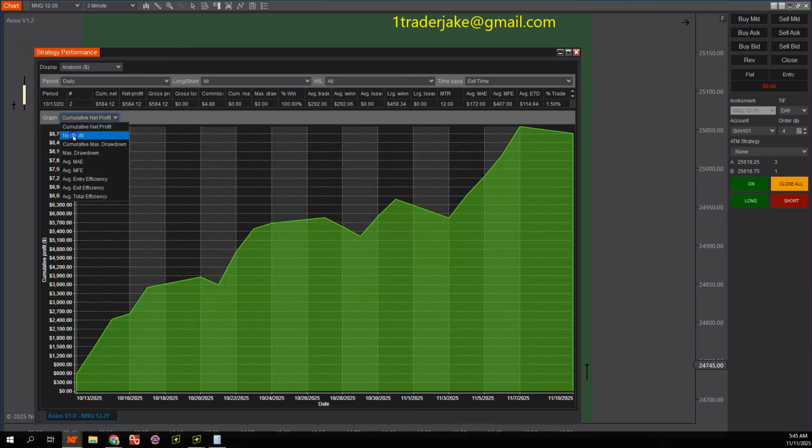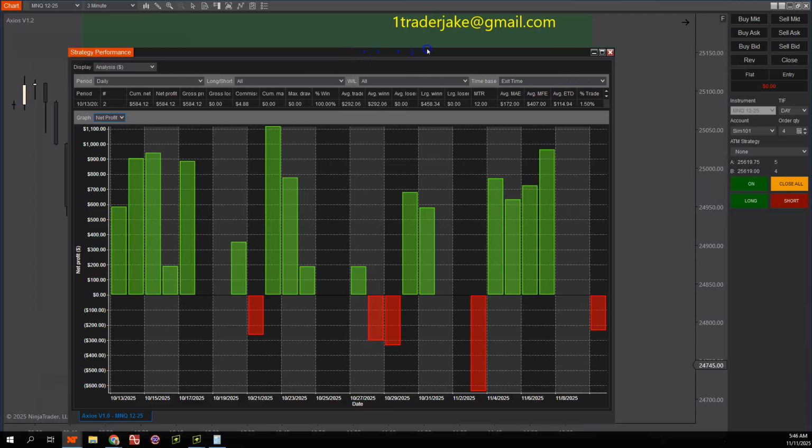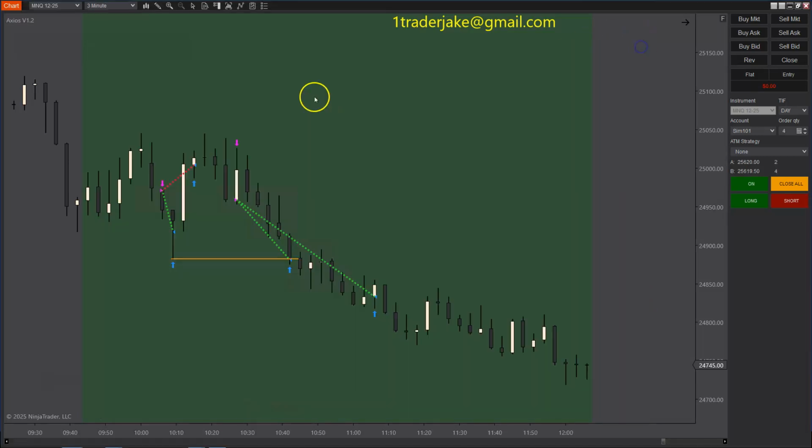So for the day, for this size account, this would probably be like a 150K account. So in 1 month to make it 10,000, this would all be within the consistency rules. Absolutely. You can see here, there was one day that was minus 600, but for the most part, look at how beautiful the green days are compared to the red days.